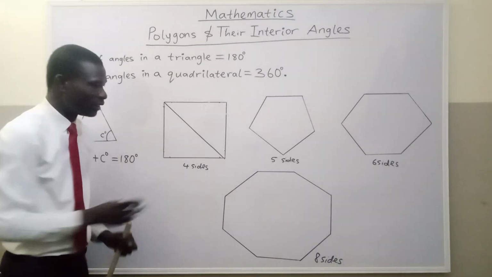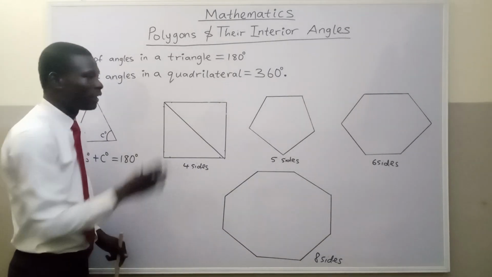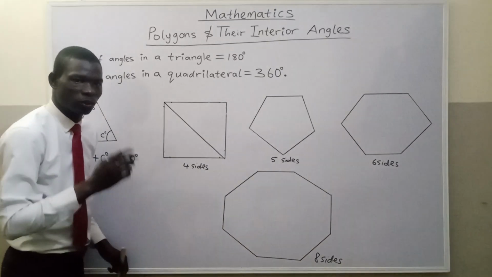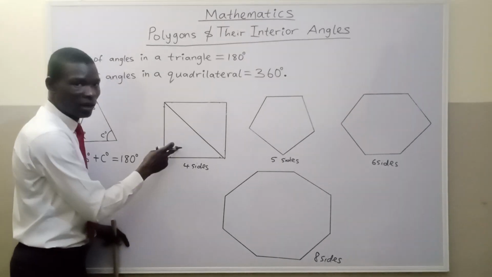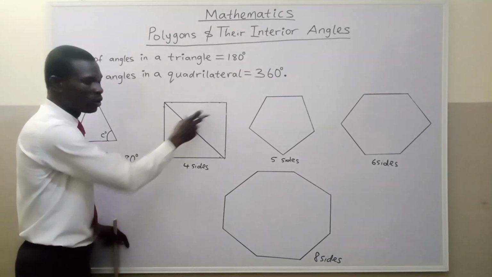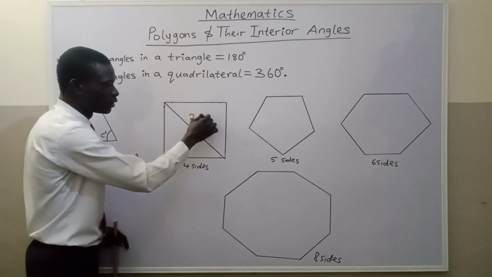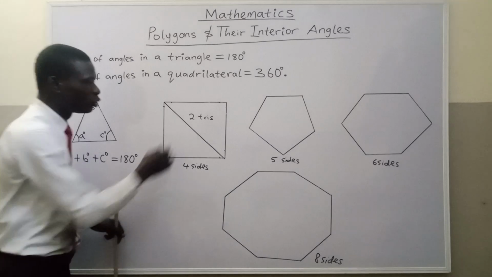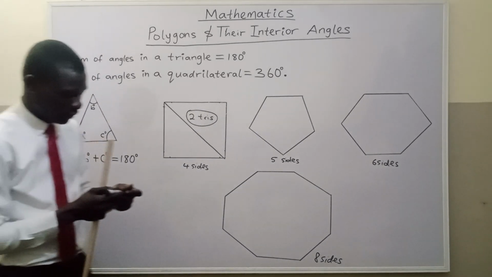Now, what do you see? This quadrilateral has been divided into two parts, and both of them are triangles. This is one triangle, this is another triangle. So how many triangles are we having from it now? Two triangles, when I join all the vertices together.